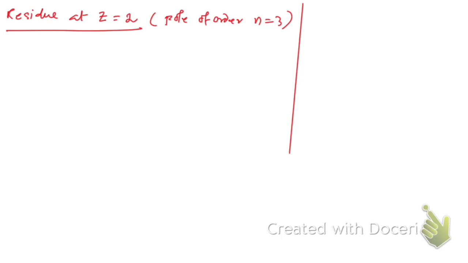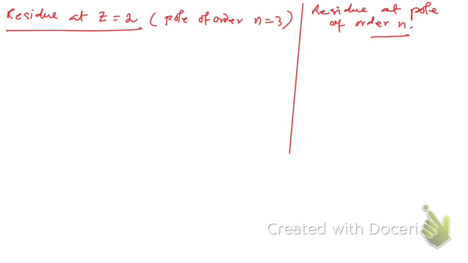Now you see, how to find the residue at a pole of order n?